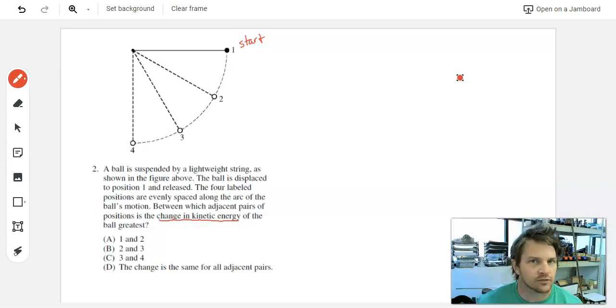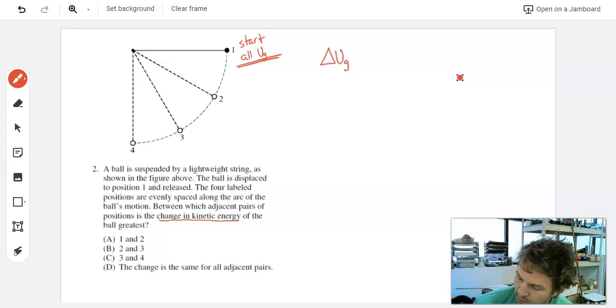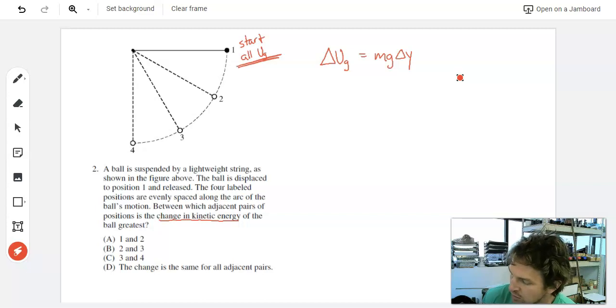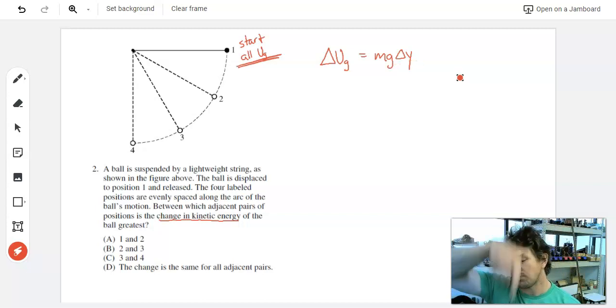Well, this is a conservation of energy problem. Up here, it is all gravitational potential energy, right? So the biggest change in kinetic energy is going to be when there's the most change in gravitational energy. From our formula sheet, we know that the change in gravitational energy mainly has to do with the change in vertical height, that's straight up and down height.